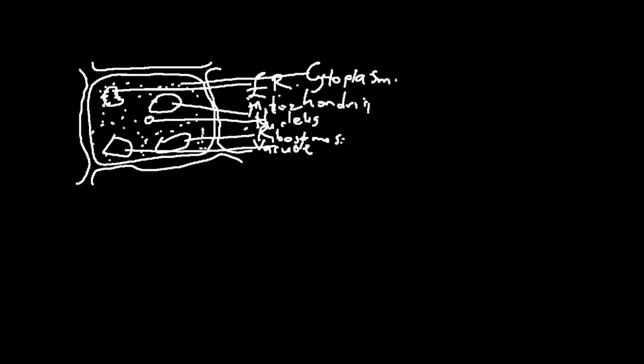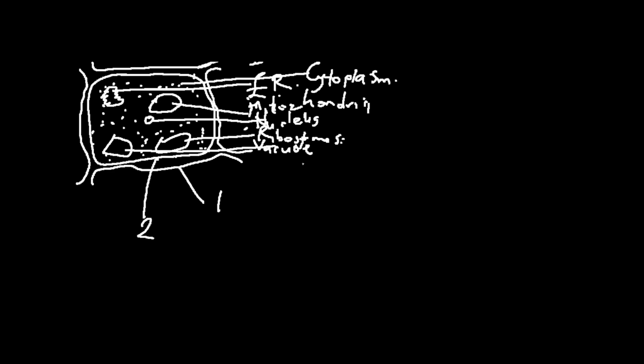Now, if we look at this diagram, it has two envelopes. This one outside here is the first envelope, while this one here is the second envelope.